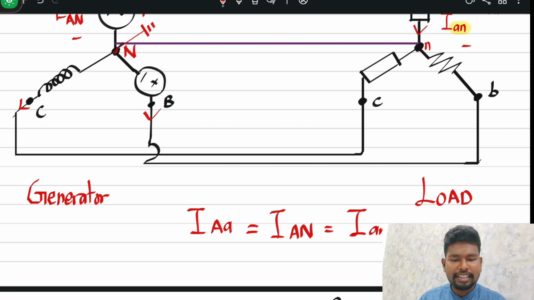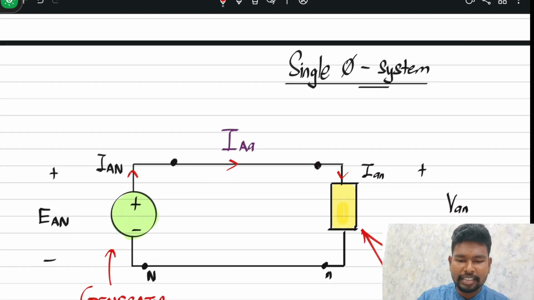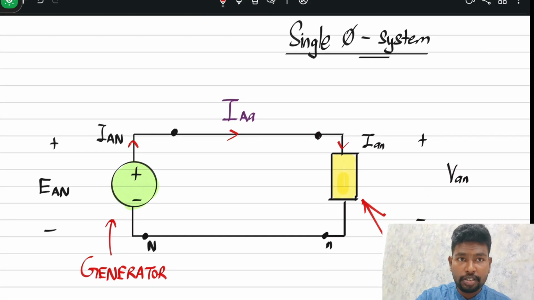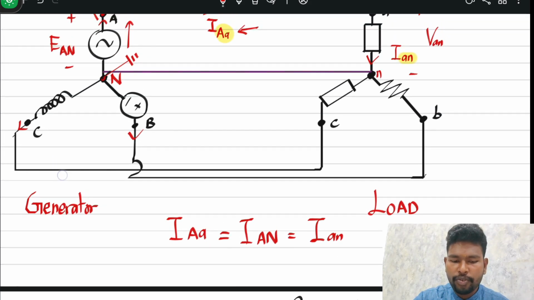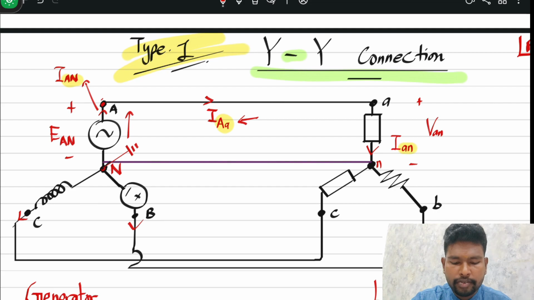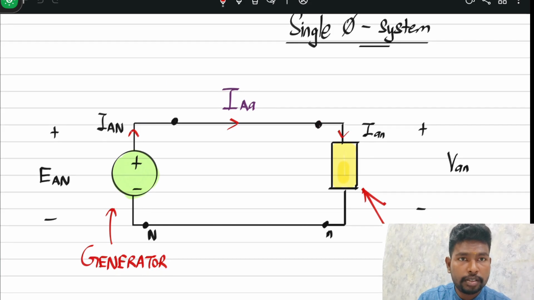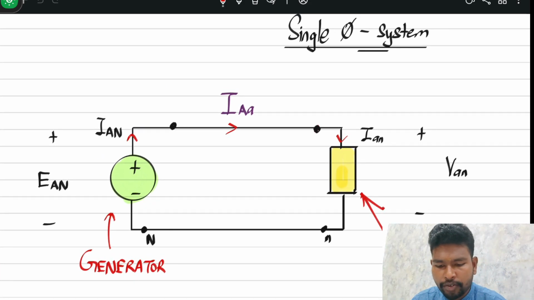Okay, let's go. This is a dissected form of this three-phase system. These here have three phases. If we take out one phase from this three-phase system, we will get this circuit. This one shows a much better visual representation of the system. If we look here, we can see this one is the source.